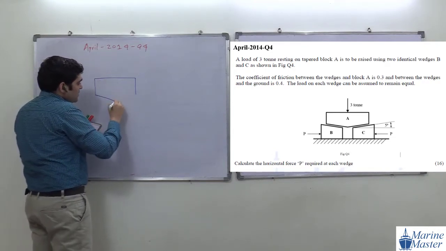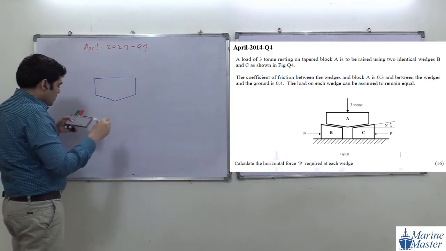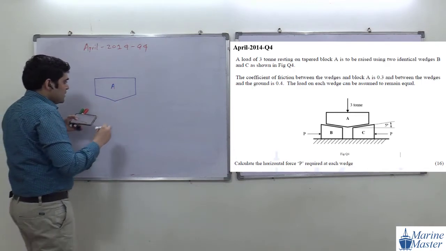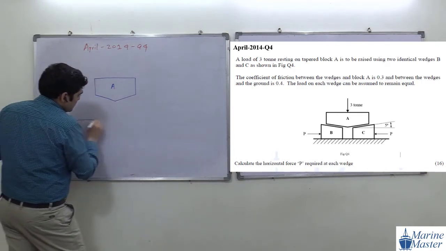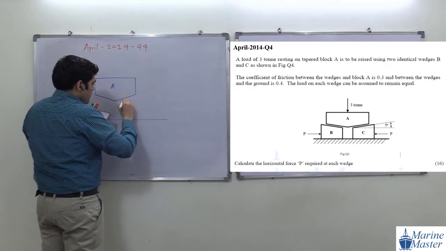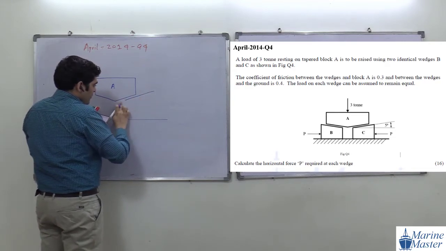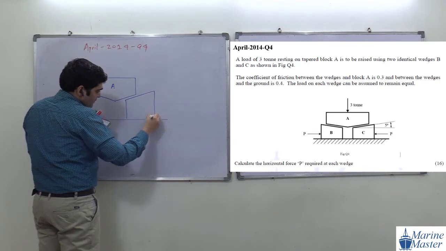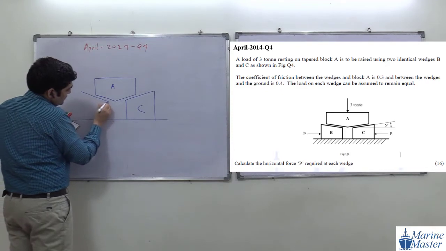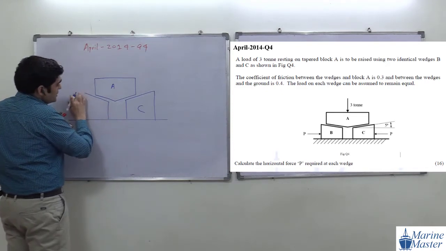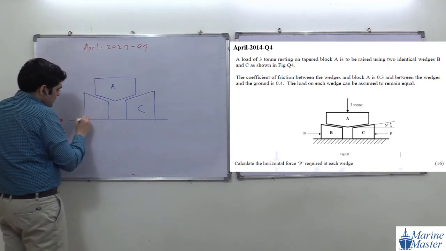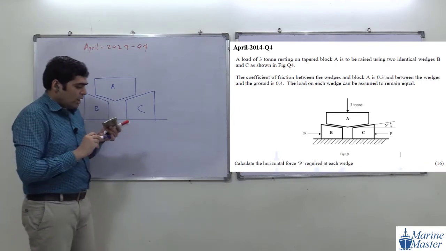So this is our tapered block A. There is a wedge, this is wedge C on this side, and this is wedge B.